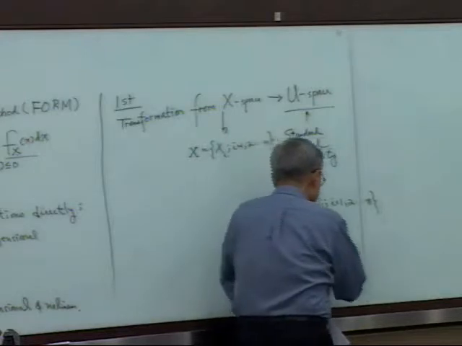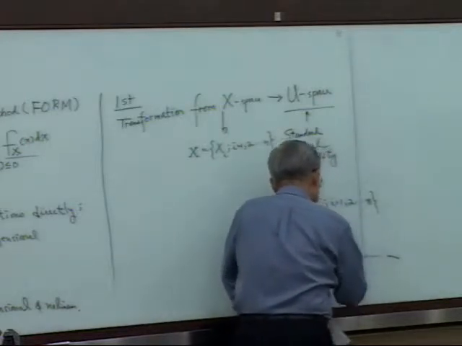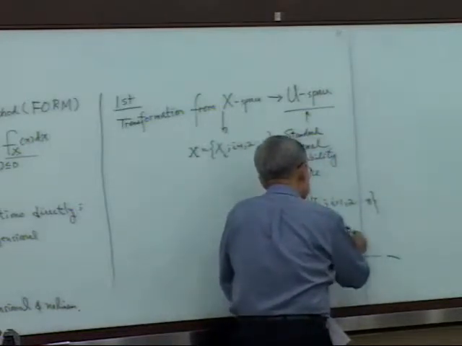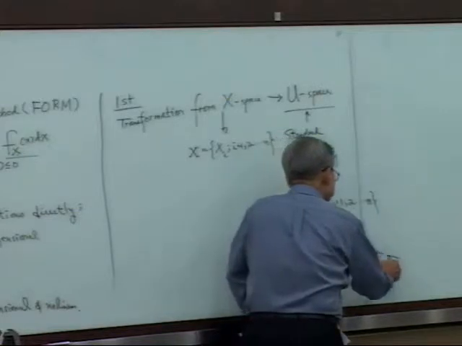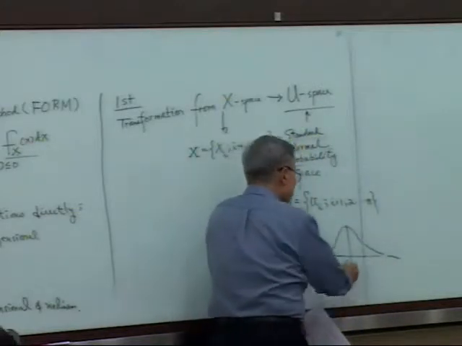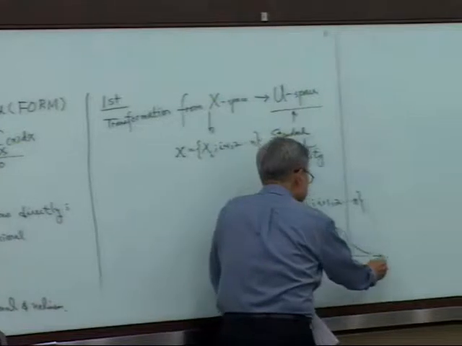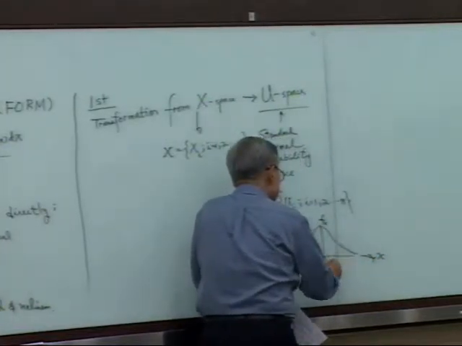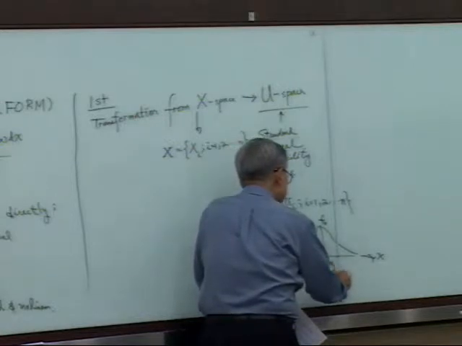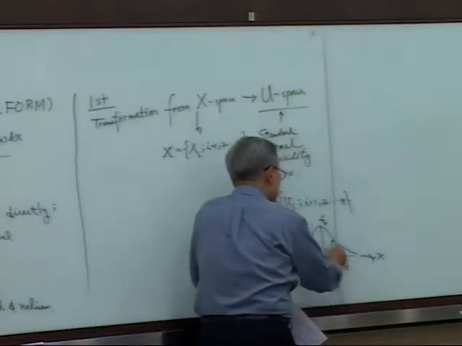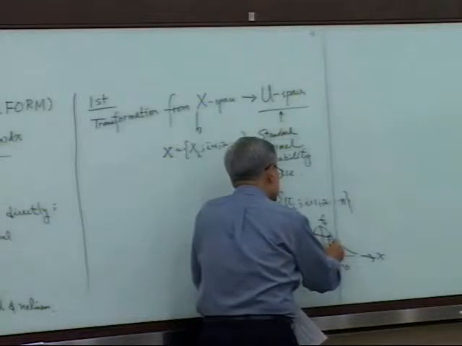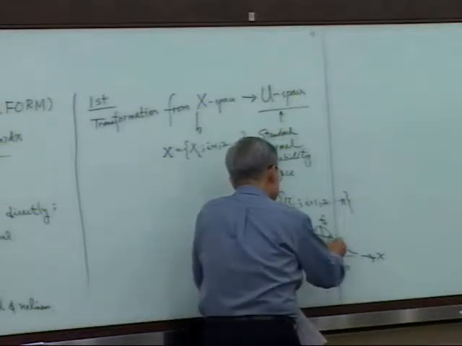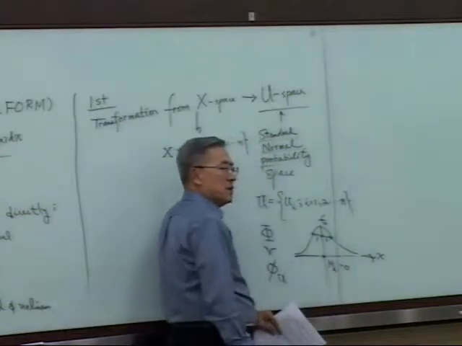So here, for the 1D, this is like x, this is like fx. We are dealing with mu x equal to 0, but standard deviation, I'm going to say, is 1.